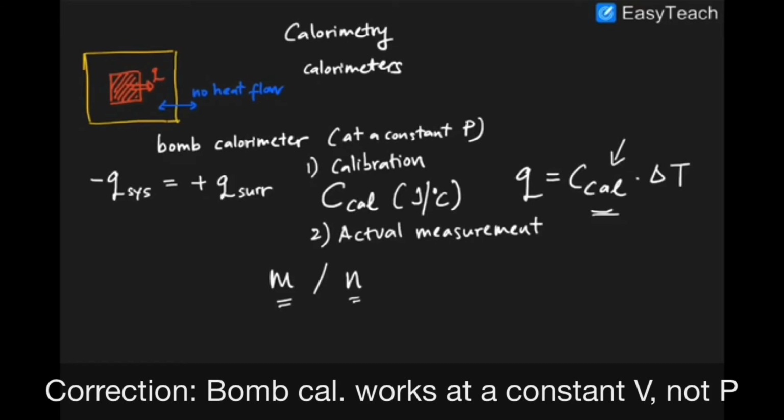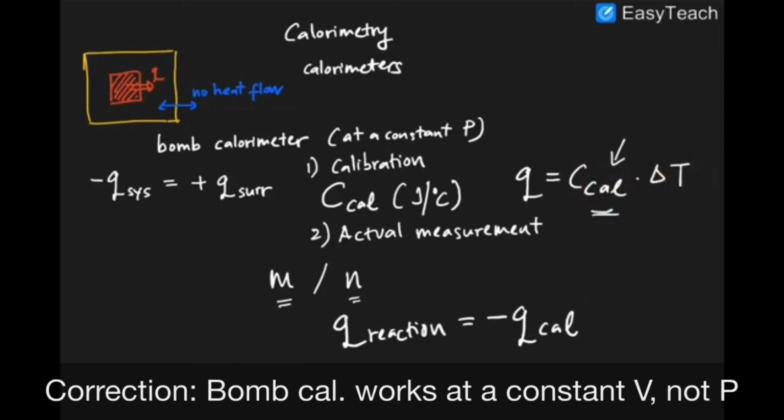Now we know that the Q released by the reaction inside the calorimeter will be equal to the minus Q of the calorimeter. So we can find the heat being released by the reaction by calculating the heat received by the calorimeter, which is equal to the C of the calorimeter multiplied by the change in temperature happening in the calorimeter.